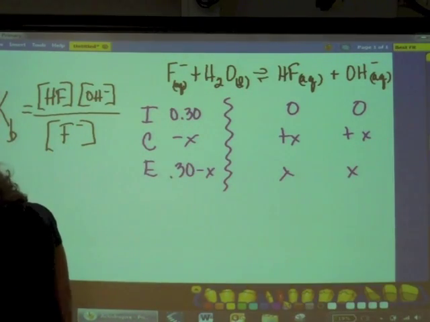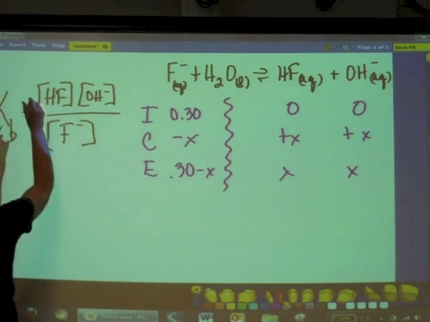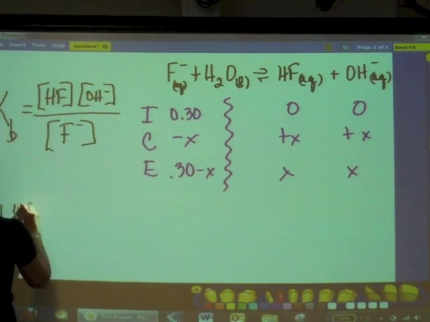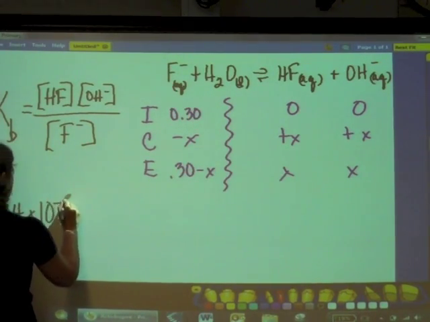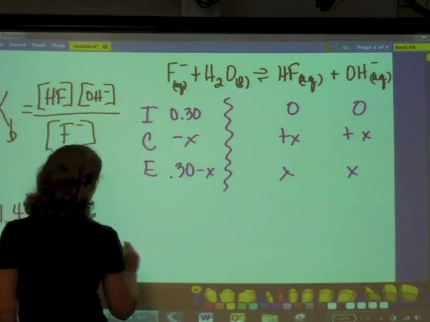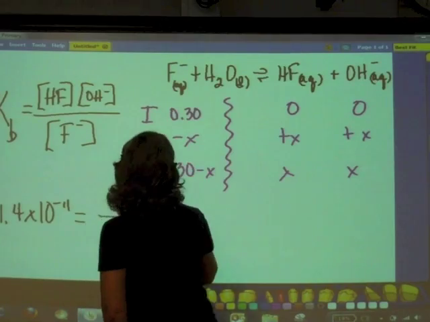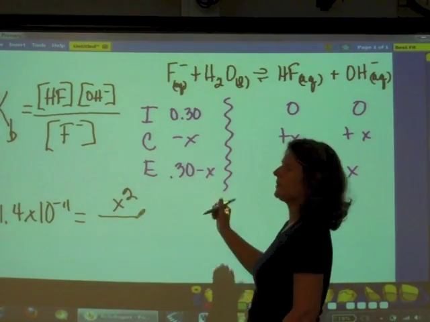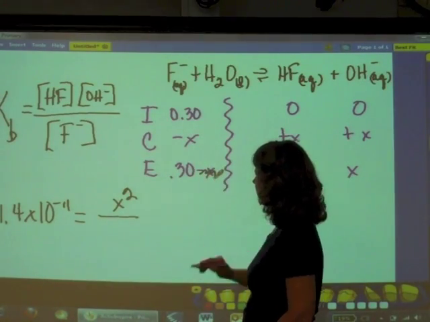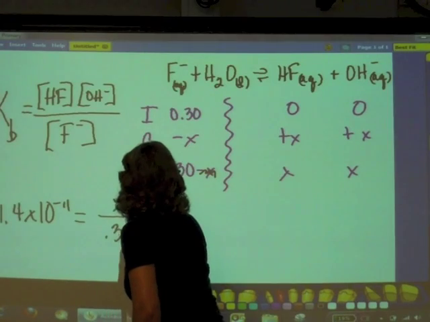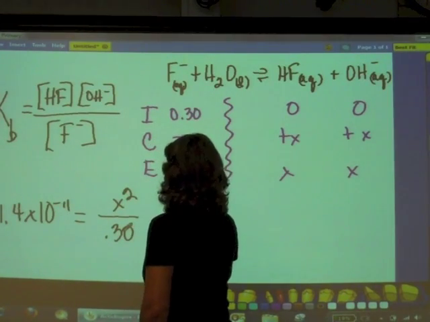So plugging in, 1.4 times 10 to the minus 11 is equal to x squared over 0.30, since we drop the x in the denominator.